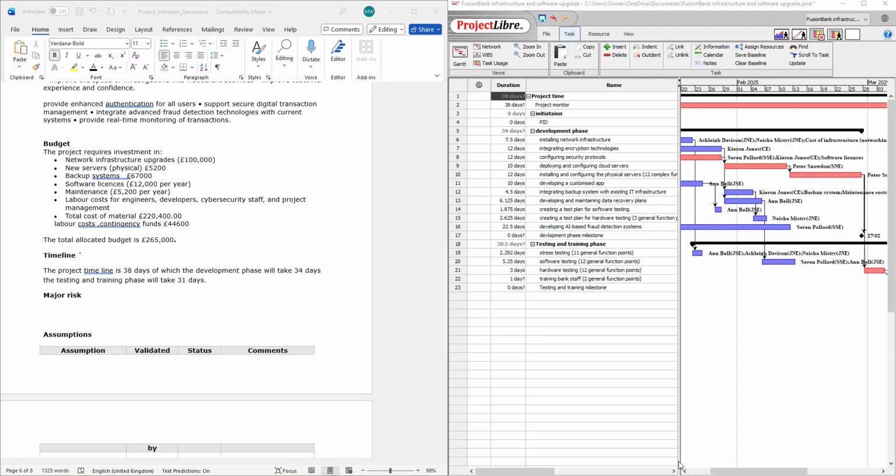What are the major risks? Delay in installation or configuration of new system, integration challenges with the existing banking system, because what we're doing, we're upgrading. So there's going to be an integration challenge because old system will be working with a new system. Security vulnerability while you're transferring over the system.